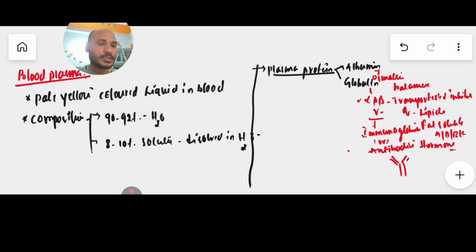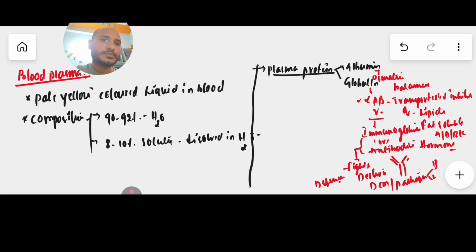These antibodies fight and destroy disease-causing microorganisms, also called pathogens, like bacteria and viruses. So gamma globulin helps in the defense mechanism and provides immunity to the human body. This is all about plasma proteins like albumin and globulin.